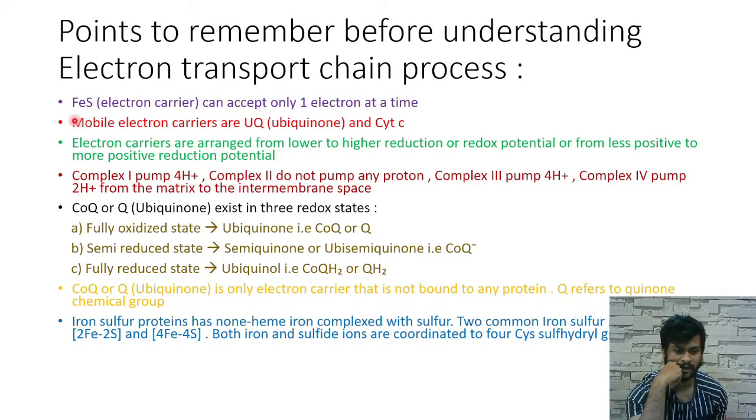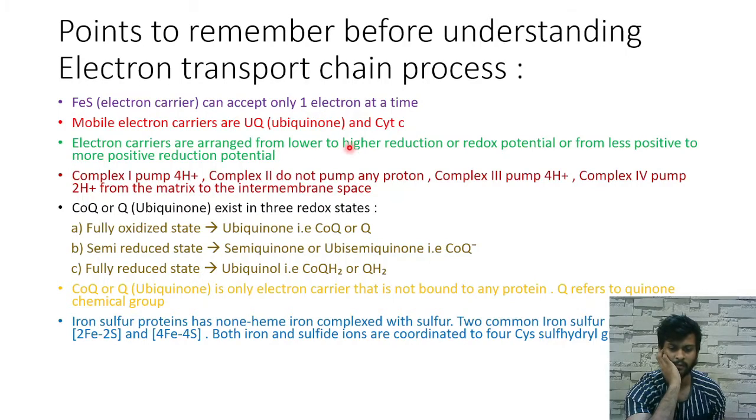The first point is that FeS, the iron sulfur protein, can accept only one electron at a time. Mobile electron carriers are ubiquinone and cytochrome C. Mobile means it can diffuse or move from one place to another.